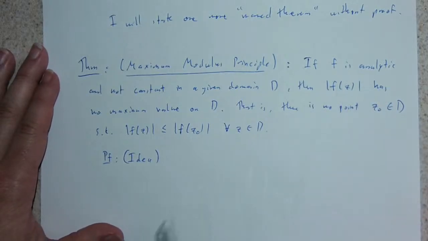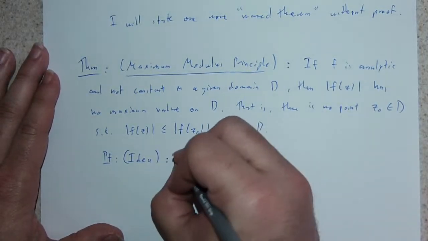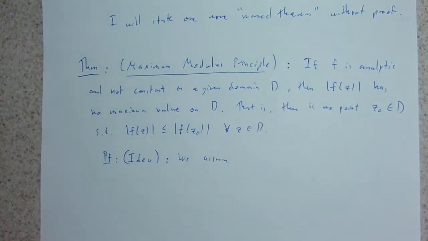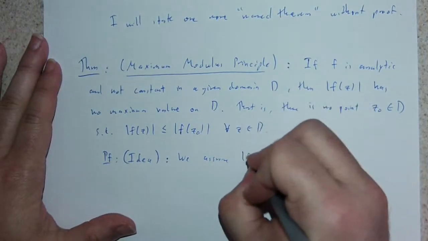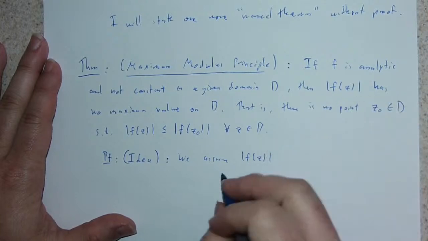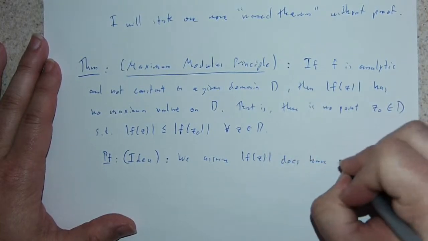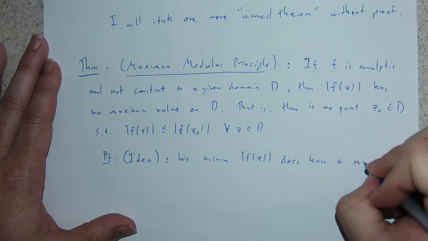We argue by contradiction, so we assume that the modulus of f does have a max value.